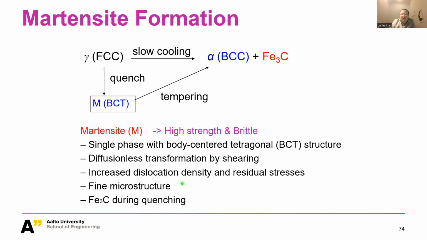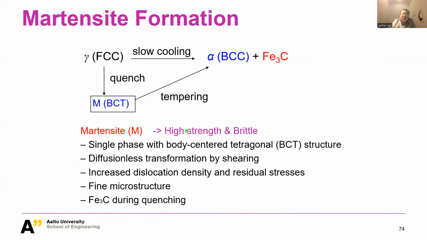So we need lots of dislocations in the structure, and this amount of dislocations also introduces a large amount of residual stresses. At the same time, martensite has a rather fine microstructure. Of course, during the process, you cannot avoid some transformation to cementite.